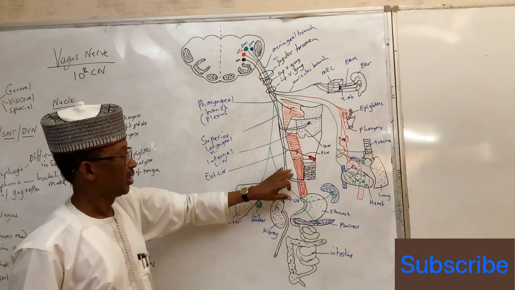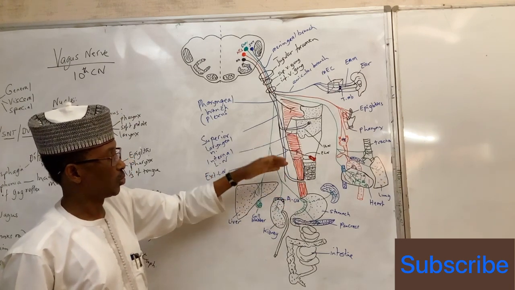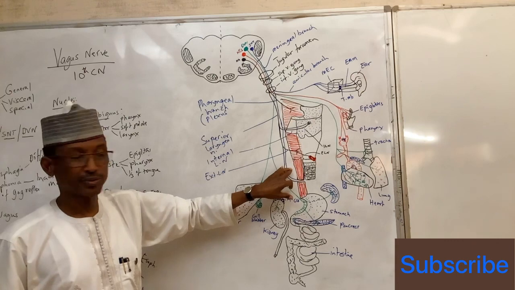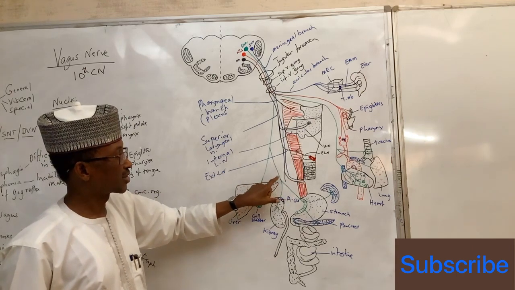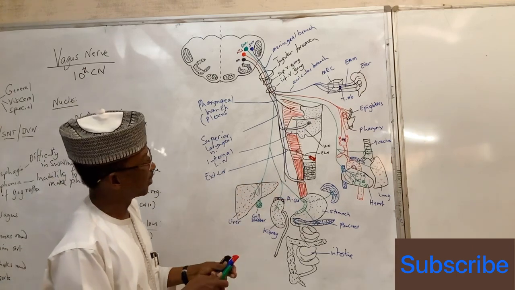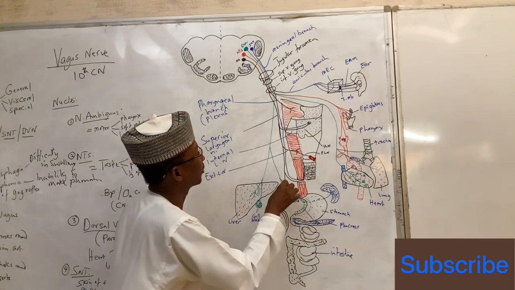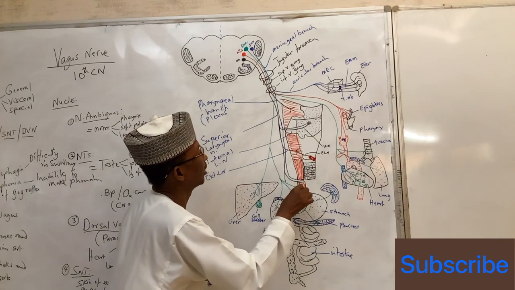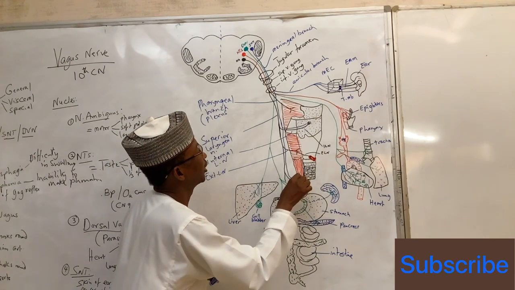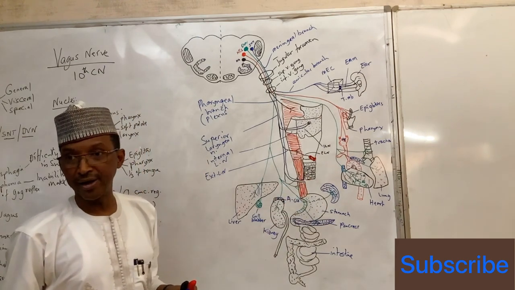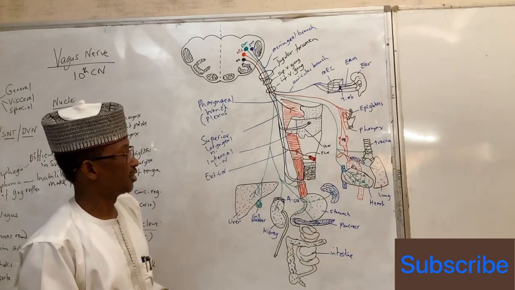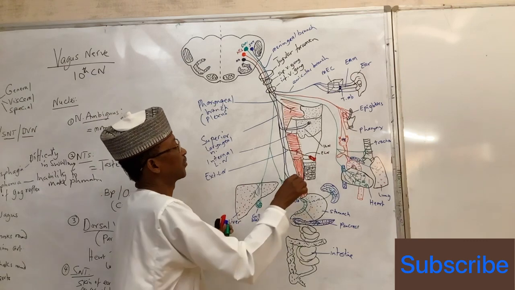You all know that in the abdomen and also in the thorax, we have our esophagus. Some of the fibers supply the esophagus within the abdomen. They also supply the esophagus within the thorax, so that they form what we call the esophageal plexus.